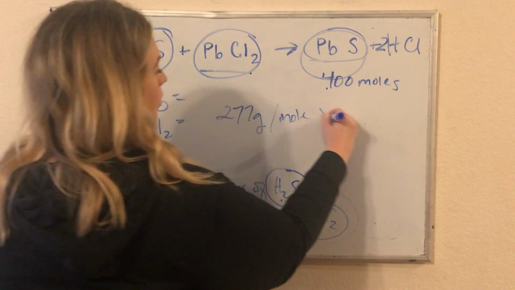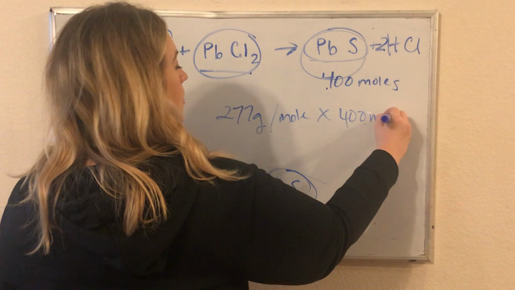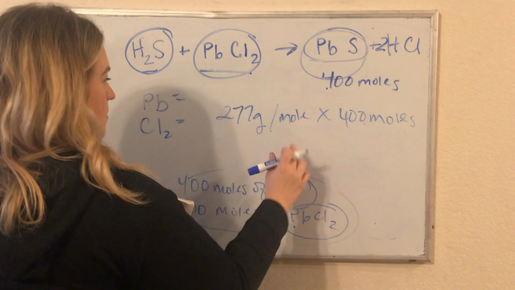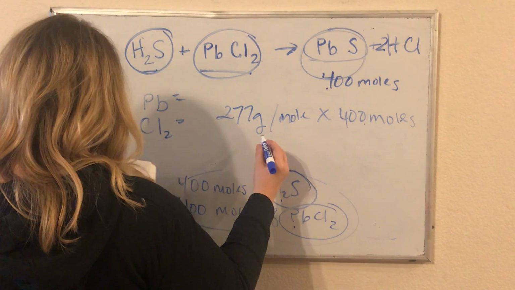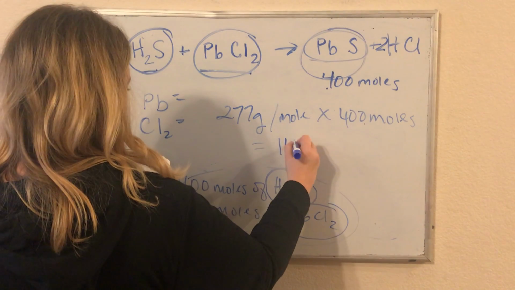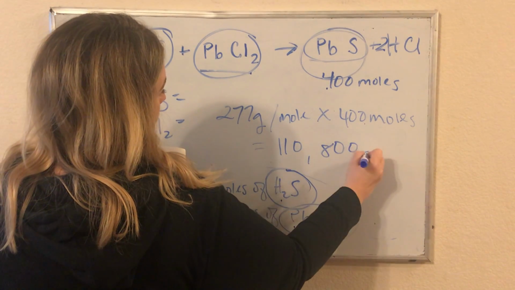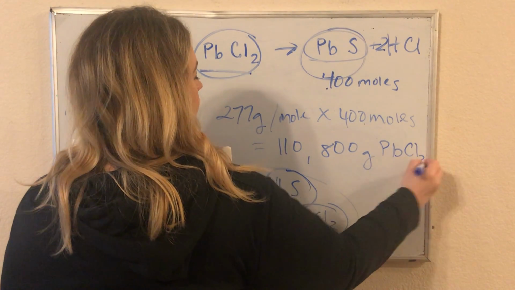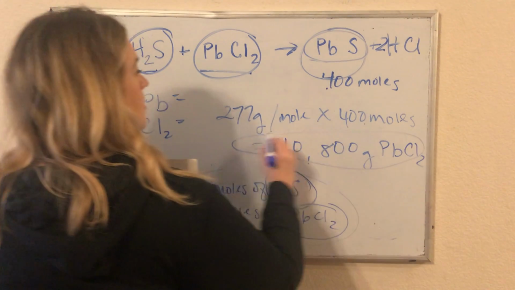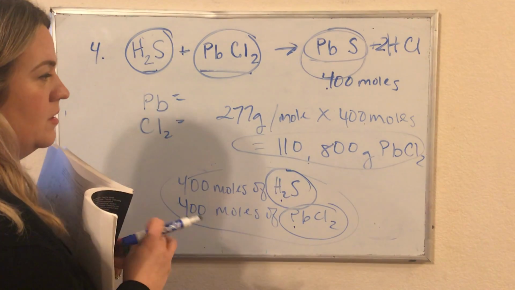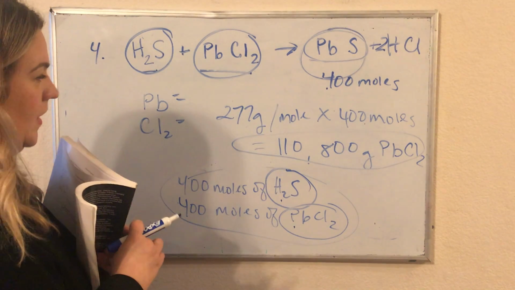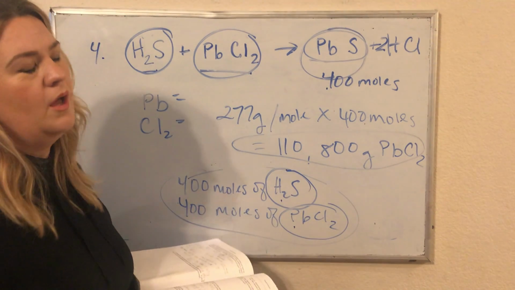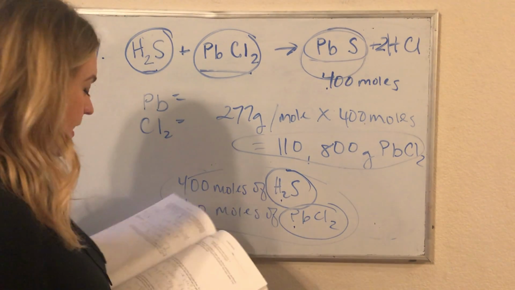And if we need 400 moles of this element to make 400 moles of the lead sulfide, we just multiply that out, and that equals 110,800 grams of the lead chloride. That's how much we need in grams to make that much lead sulfide, okay? I know it's a lot of steps, but it's pretty simple. It's pretty much everything we've been doing with a little tad bit of a difference, okay?